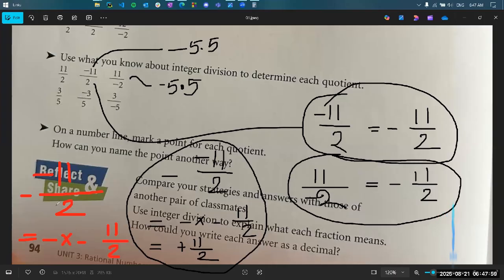Like this, minus has gone to this particular section. Where is my cursor? Wait. Here is minus, here is minus.